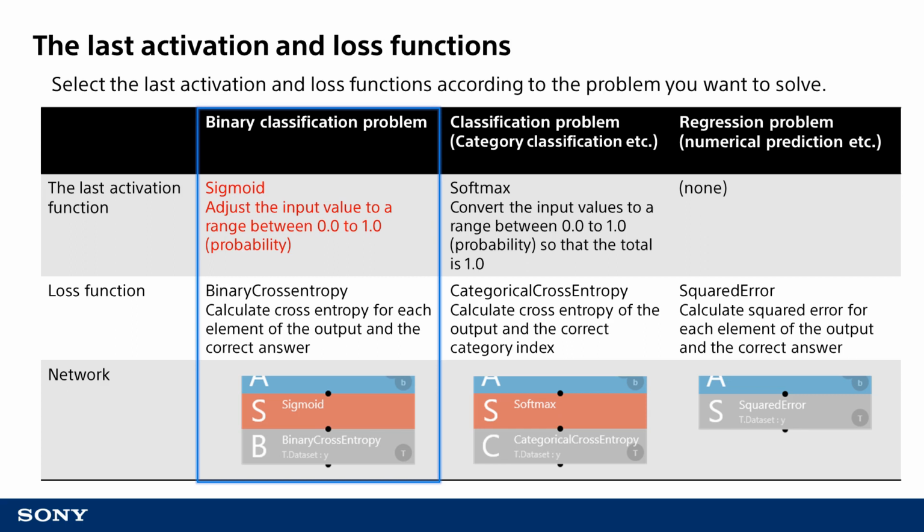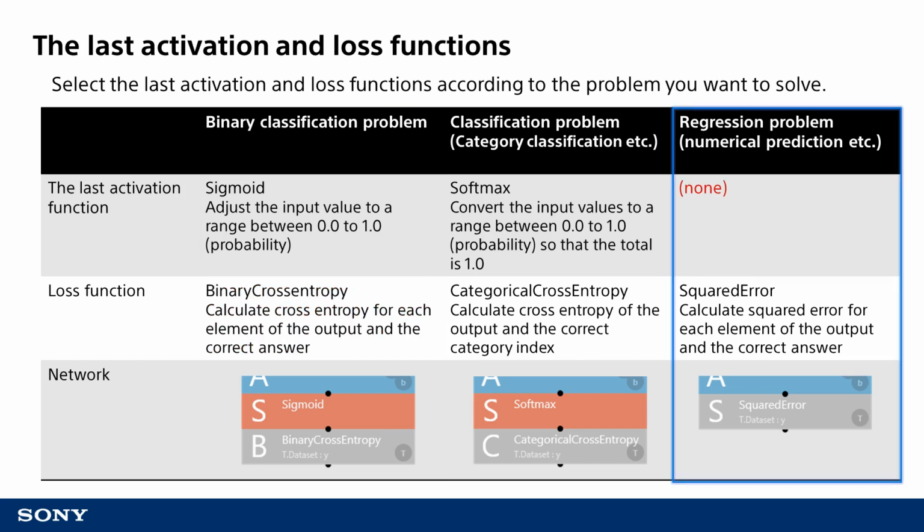The value from 0 to 1 output by sigmoid is treated as a 0% to 100% probability. We then use binary cross-entropy as a loss function to calculate how well this probability matches the 0 and 1 given in the training data. This binary cross-entropy is specified in the sense that it minimizes the cross-entropy between the output of sigmoid and the training data given by the person.